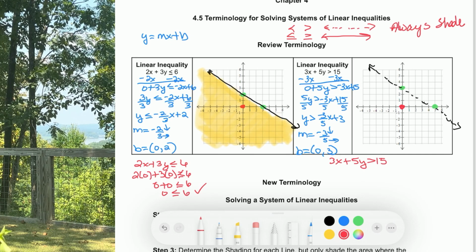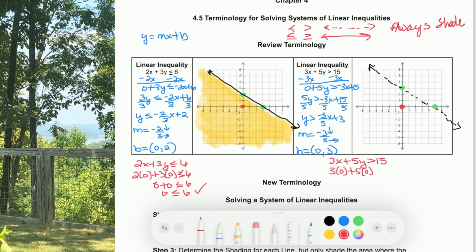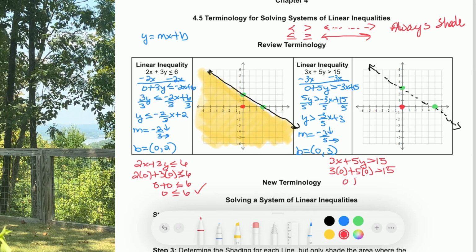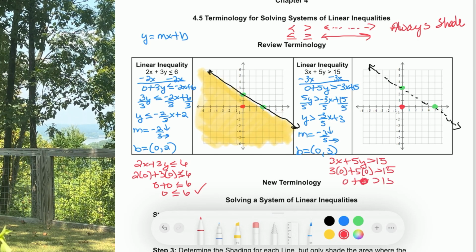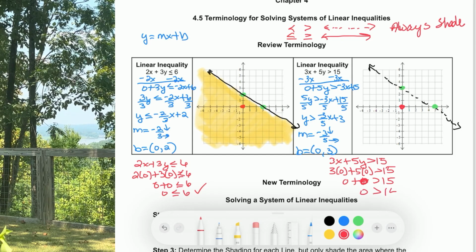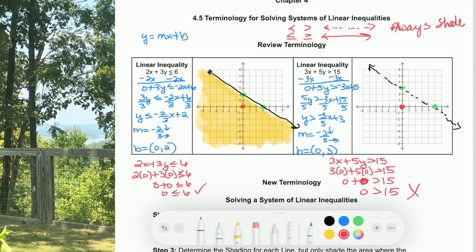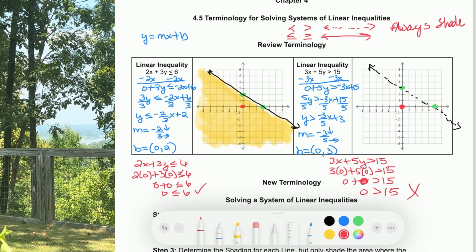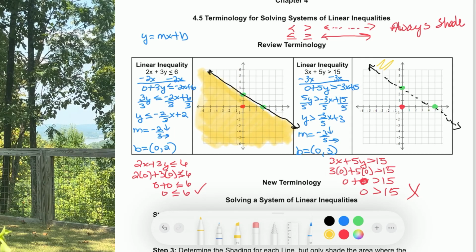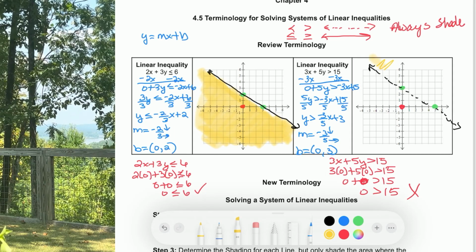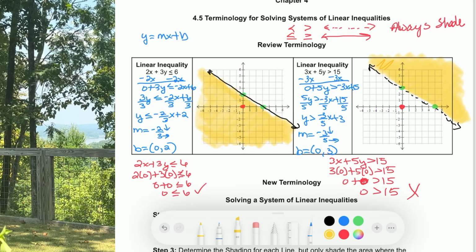Plug in the zeros for my variables. 0 plus 0, and then 0 is greater than 15. Is 0 greater than 15? No, it's not. So that's not a true statement. That tells me my shading is going to be on the other side of the line, the area the coordinate is not in. Oops, I forgot to switch to my highlighter here. So we have that one shaded on this side.